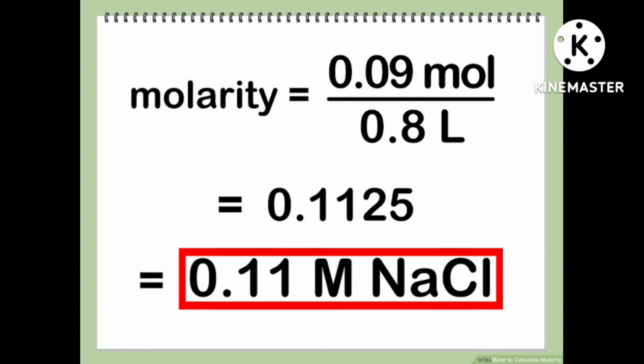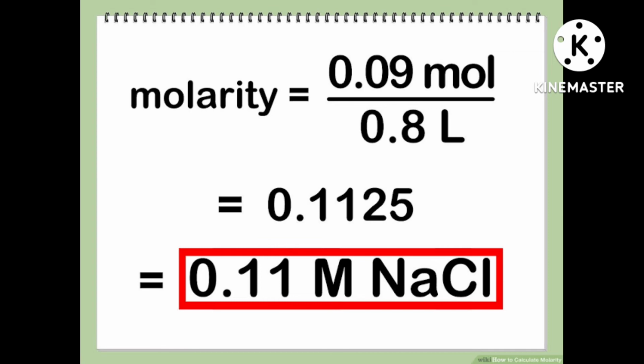Then moles per kg is called molality, a small m. You can define it as the number of moles of solute present in 1 kg of solvent. Hence mathematically, molality (m) is equal to number of moles of solute divided by mass of solvent in kg.